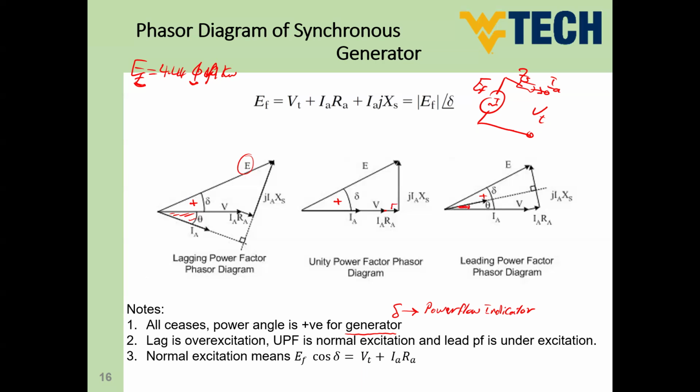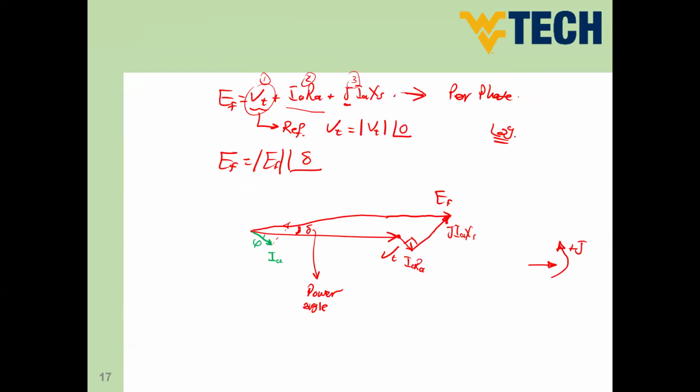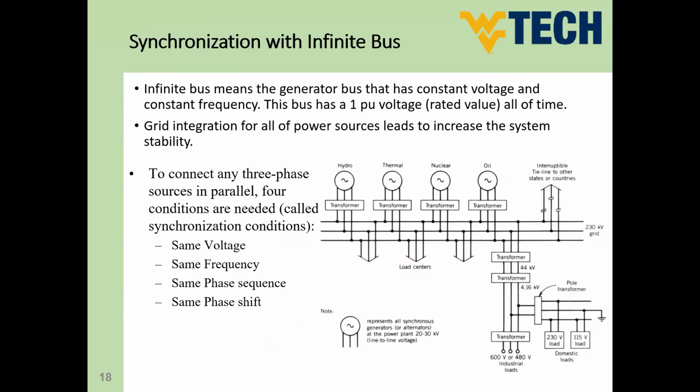Now let's start discussing one of the important definitions and operations we have in our power system. The definition is synchronization. What is synchronization and what is the infinite bus? You know, guys, in our grids, we have so many power plants.